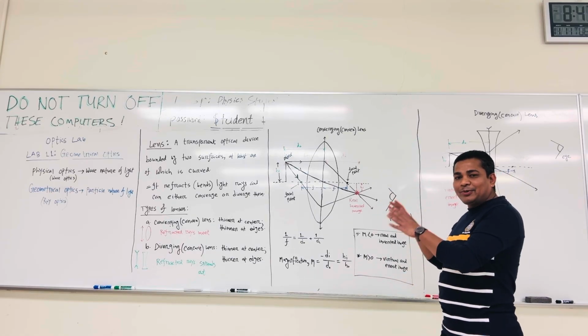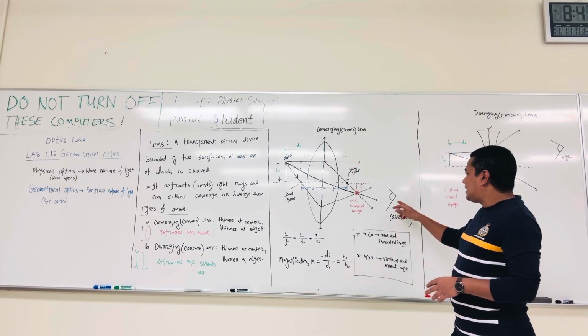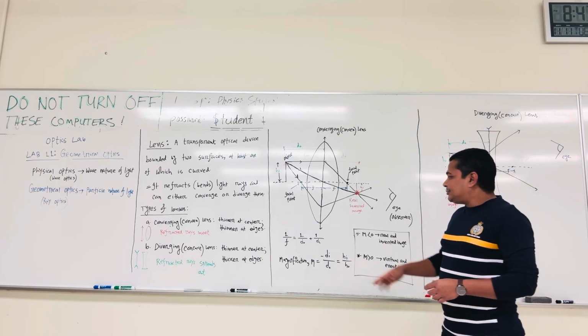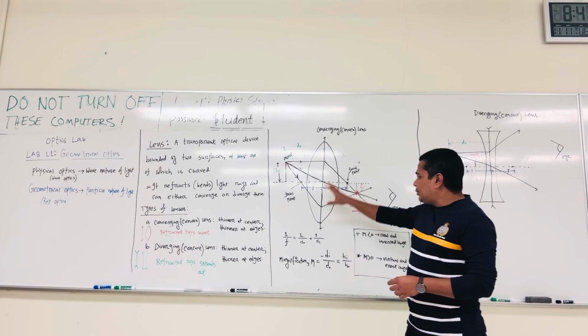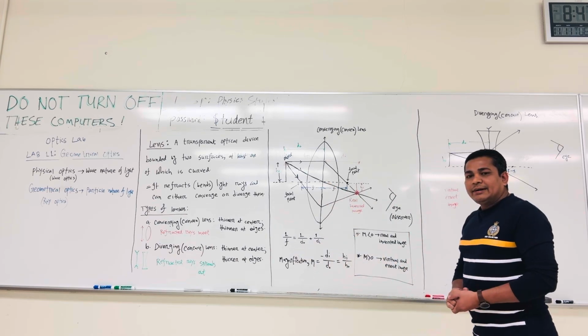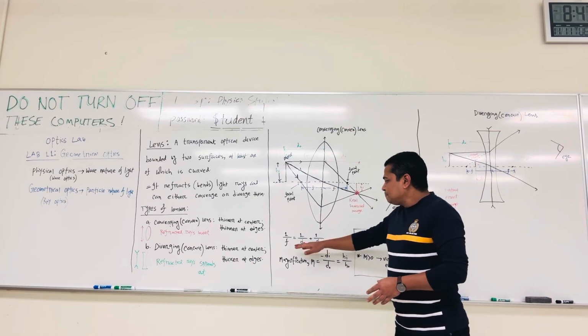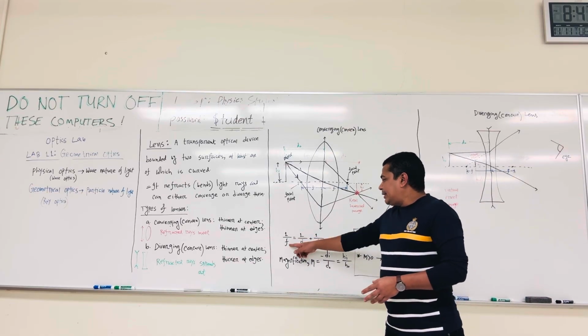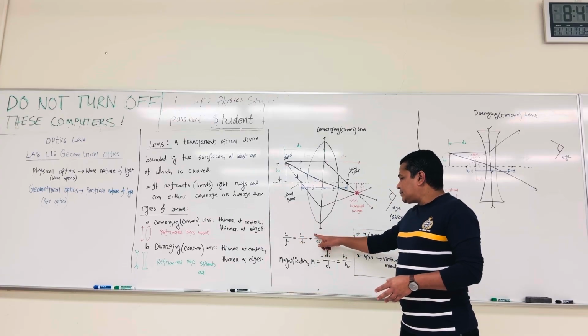This is the image formation in the case of the converging lens, and we can see this is the observer. If we know all of these parameters, we can write this equation for the focal length, which is 1 over F is equal to 1 over DO plus 1 over DI.